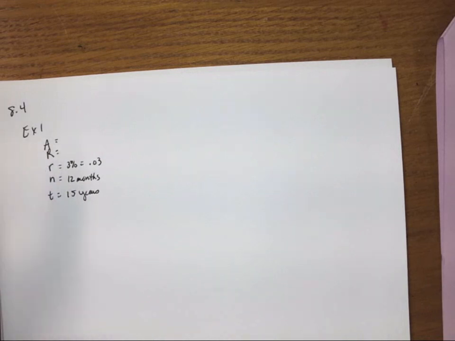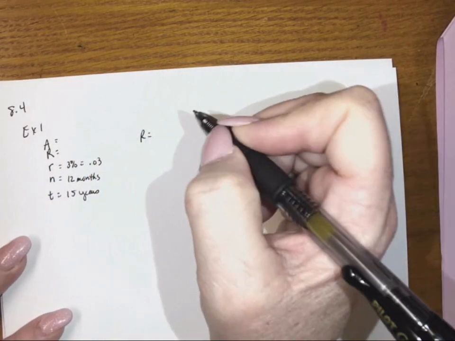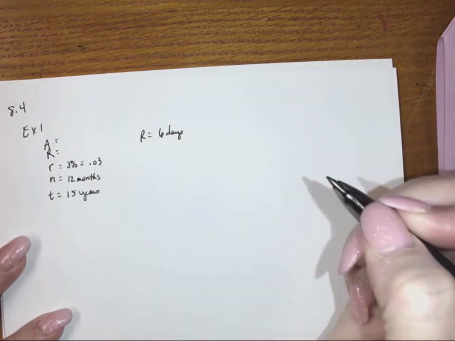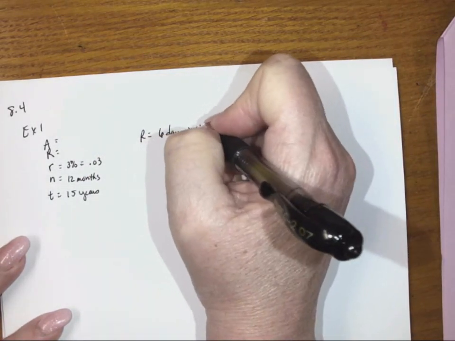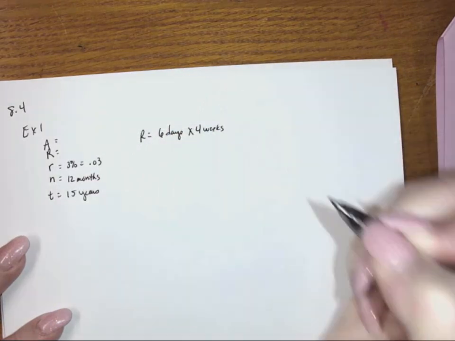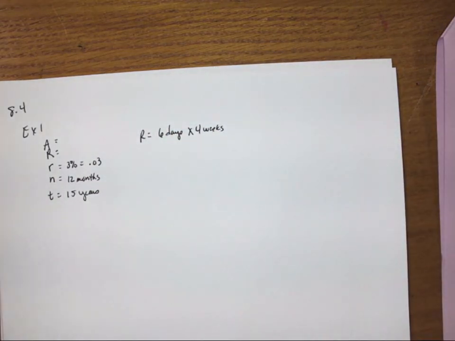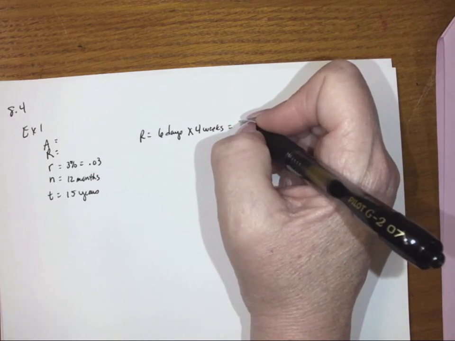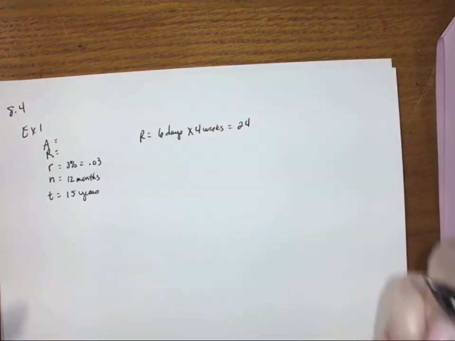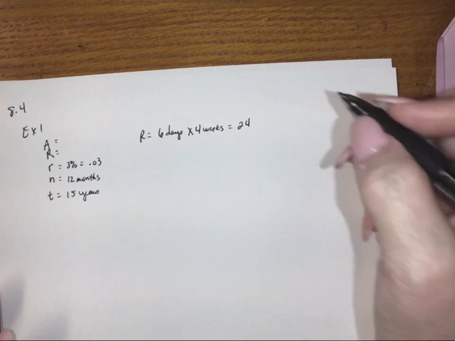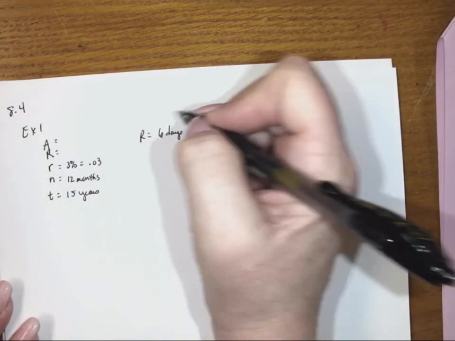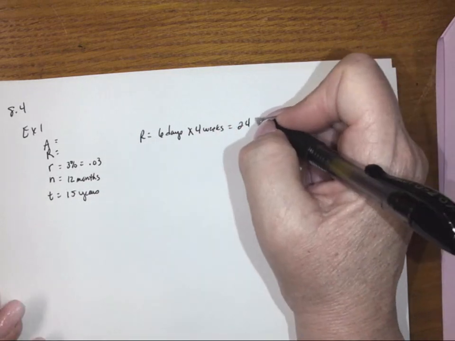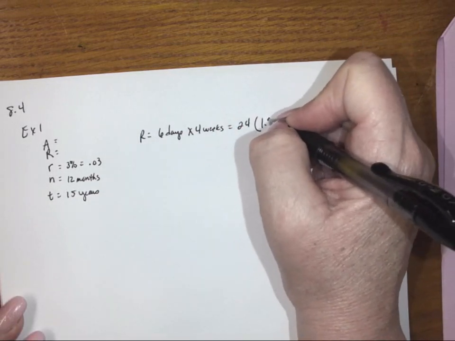The R is going to be 6 days he goes and buys it, times 4 weeks in a month, so we're looking at 24 times this is happening. That's the number of payments, and we multiply it by how much he's putting in.